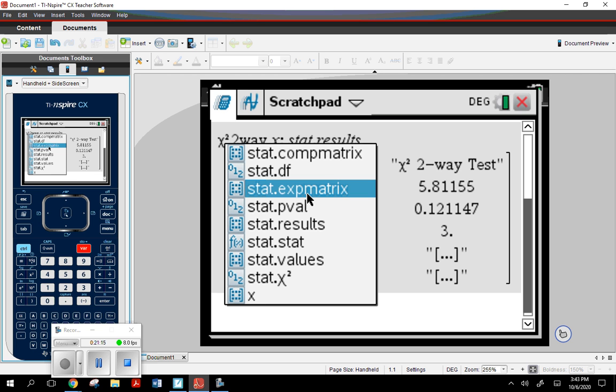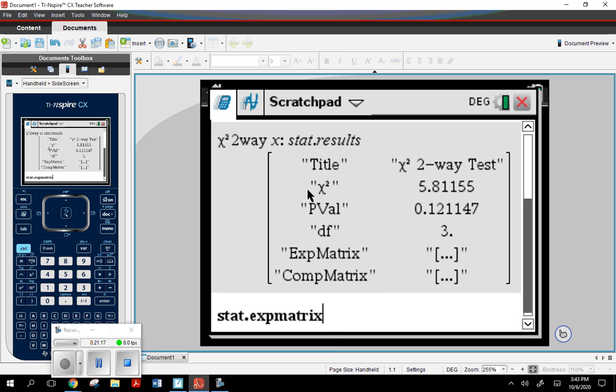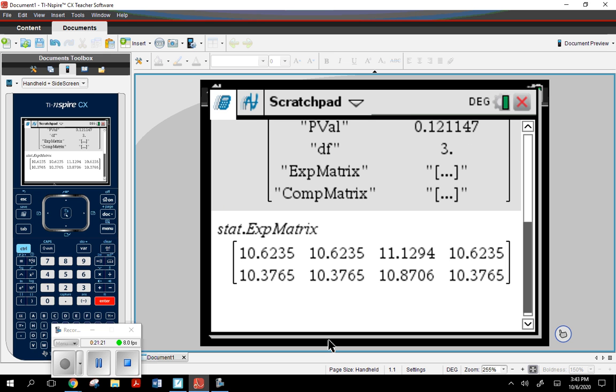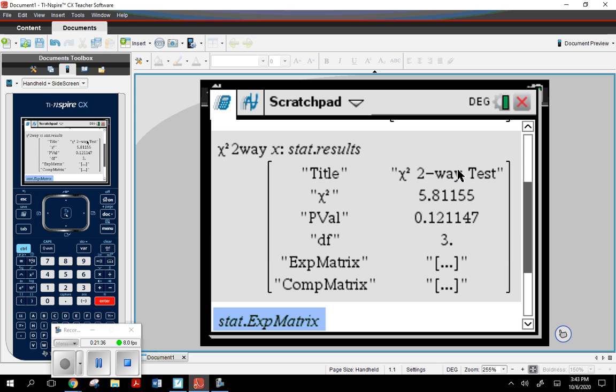This will give you the expected values. When I click on it and push enter, there are the expected values we would get if we multiplied the column total by the row total and divided by the 85 total sample people that we had in this survey. We can double check those if we want to. But let's go ahead and see what we got here.